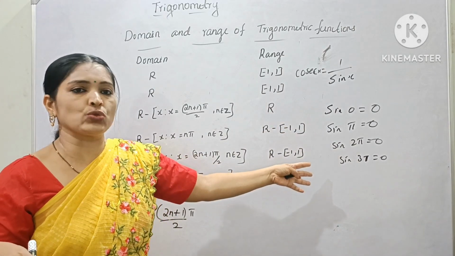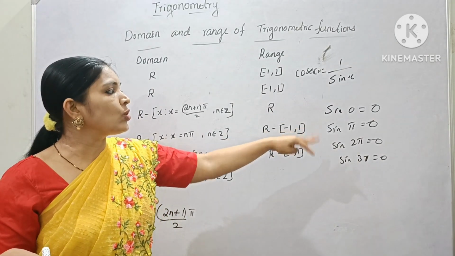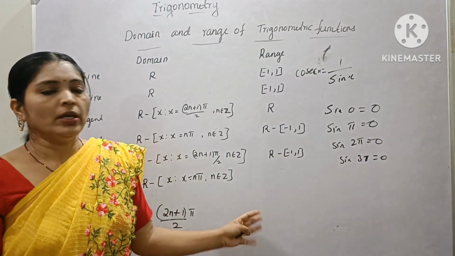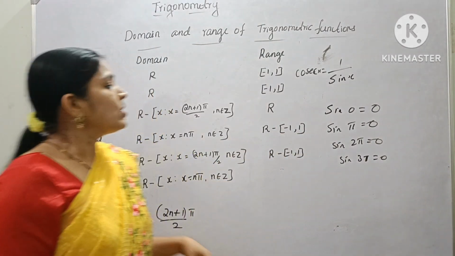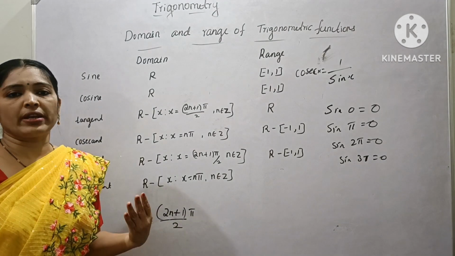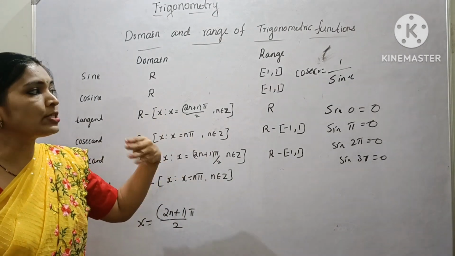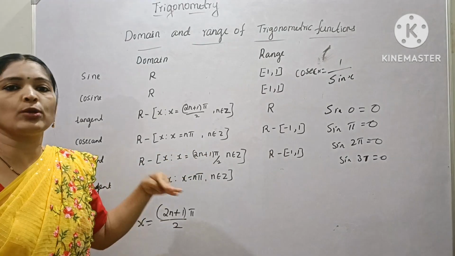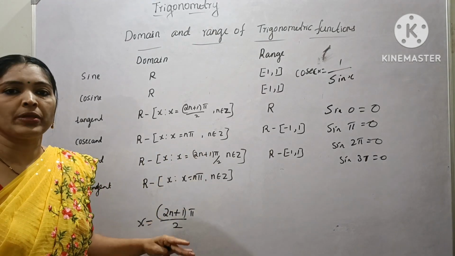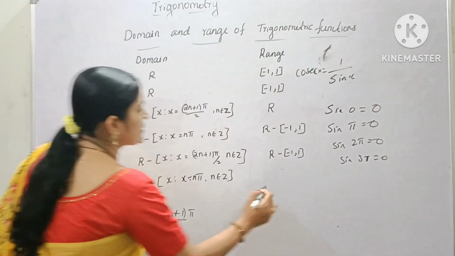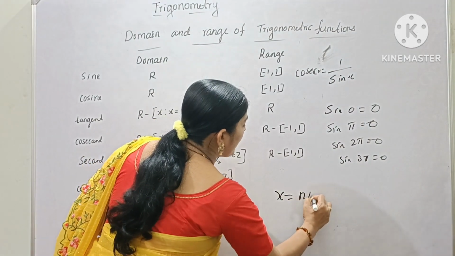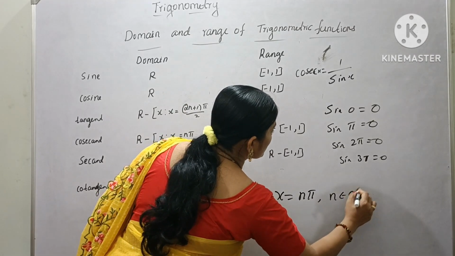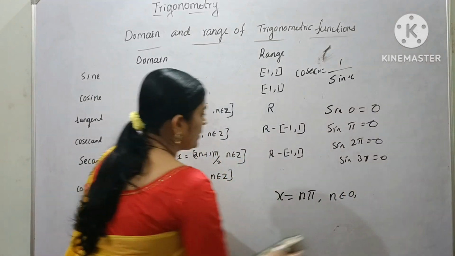So in general, sine 0, sine pi, sine 2 pi, sine 3 pi, sine 4 pi are all 0, etc. In general we can write x is equal to n pi, where n belongs to 0, 1, 2, 3, etc., the integers.